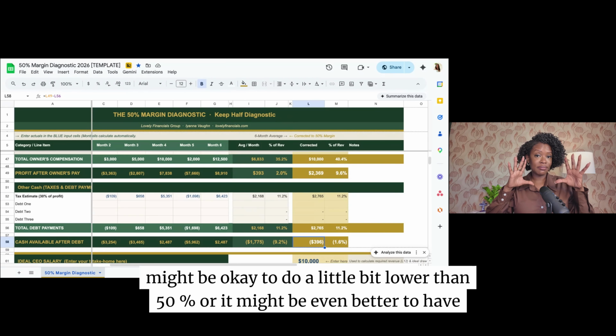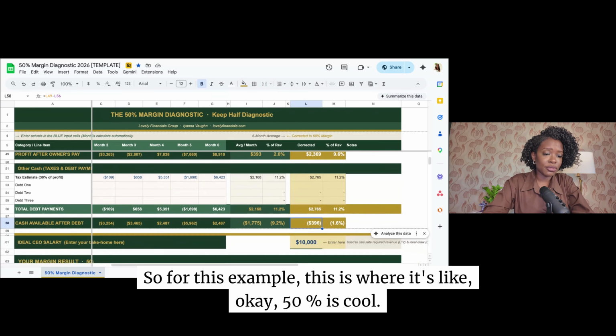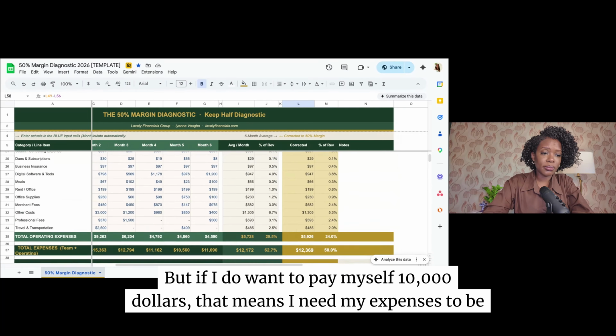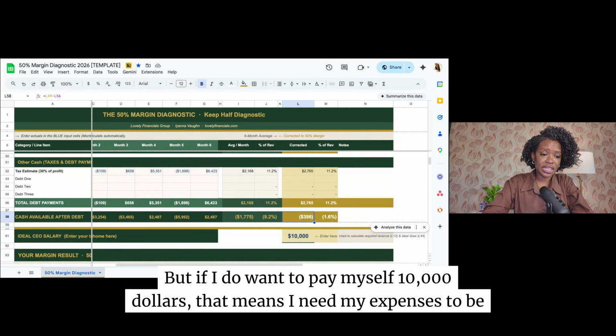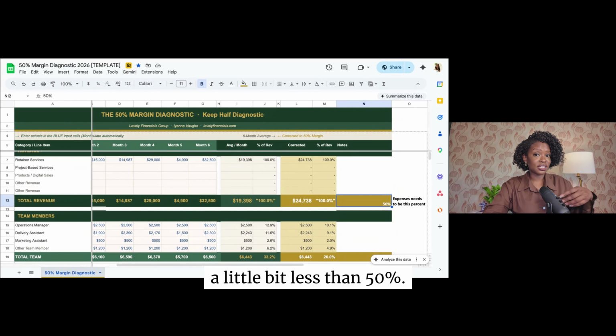It might be okay to do a little bit lower than 50% or it might be even better to have higher than 50% profit margin before pay to satisfy your holistic needs in your business. So for this example, this is where it's like, okay, 50% is cool, it's cute, but if I do want to pay myself $10,000, that means I need my expenses to be a little bit less than 50%.